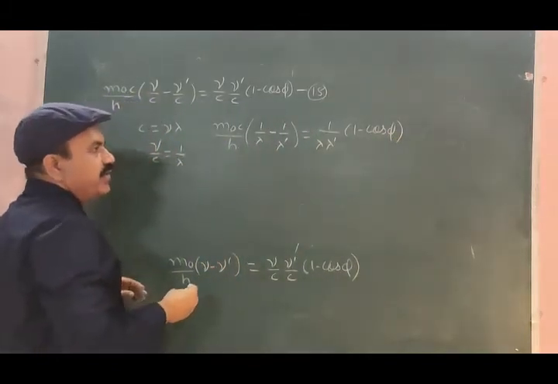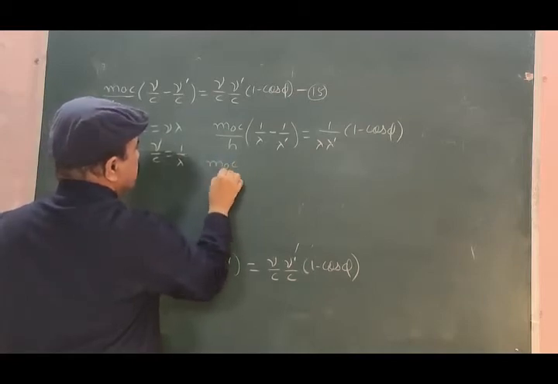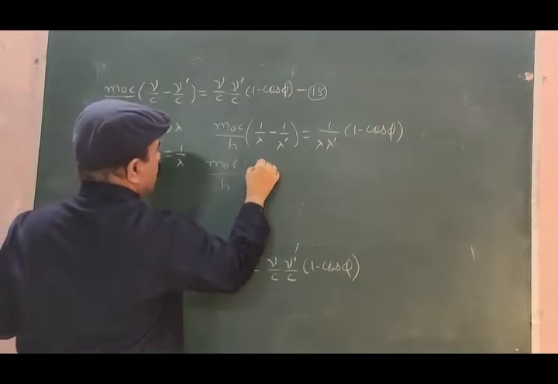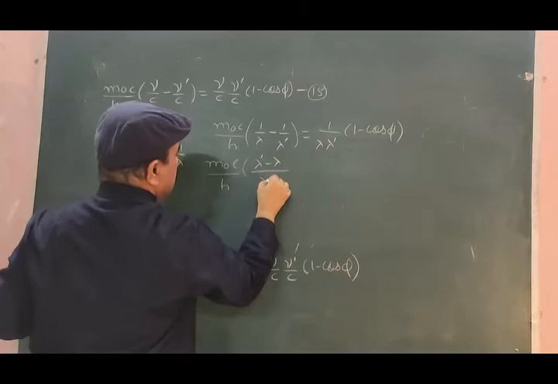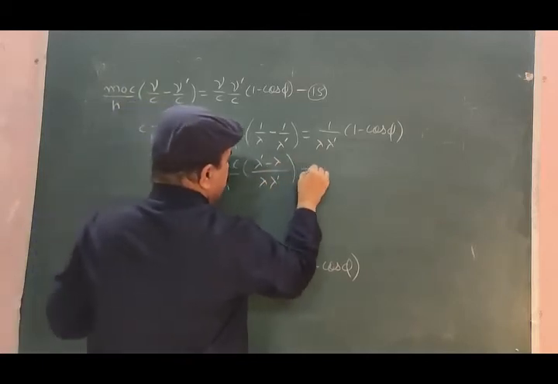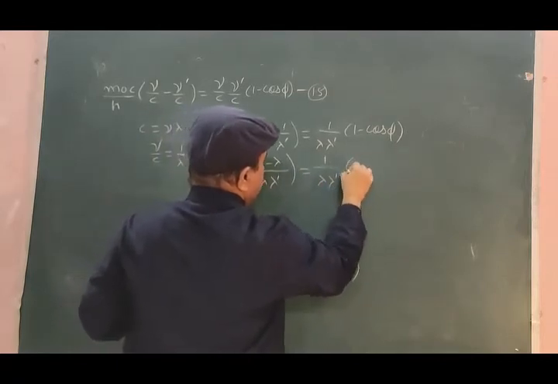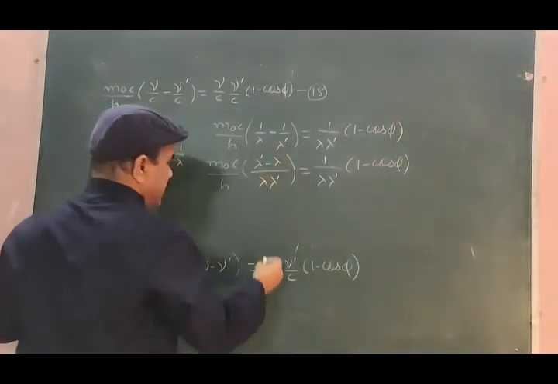This is m0c divided by h into lambda dash minus lambda divided by lambda dash is equal to 1 by lambda dash into 1 minus cos phi.